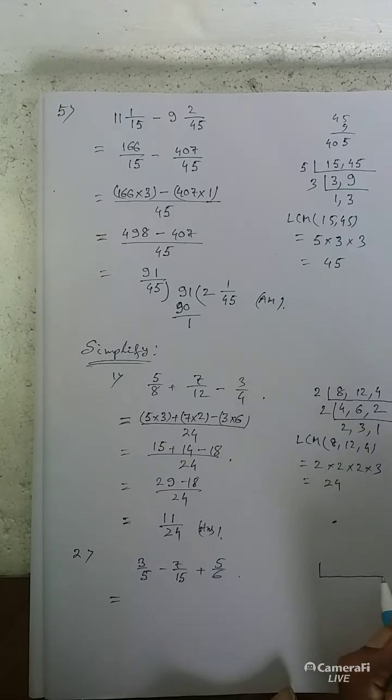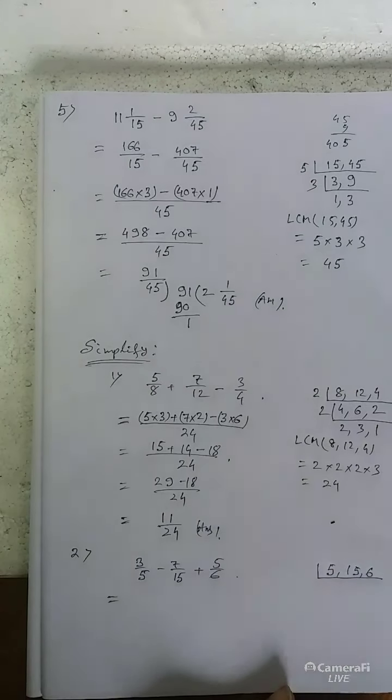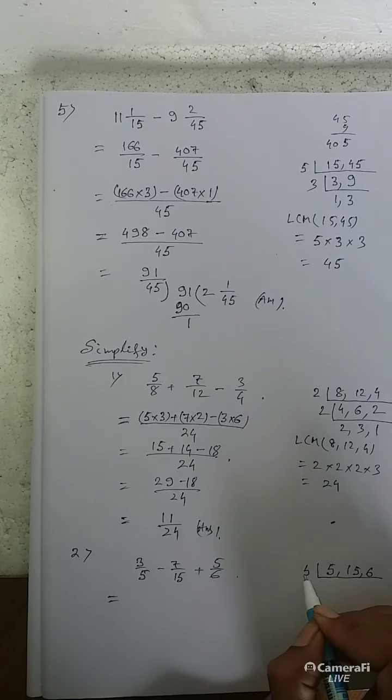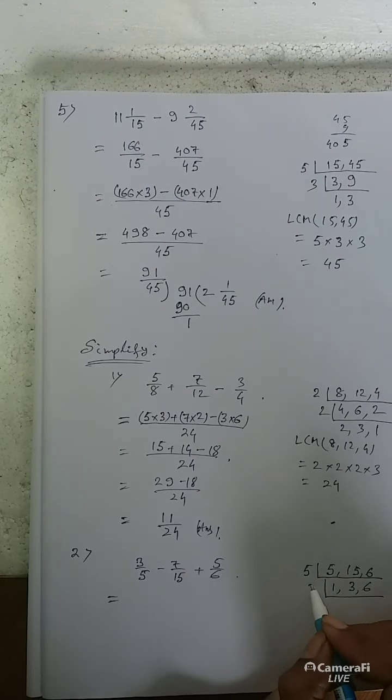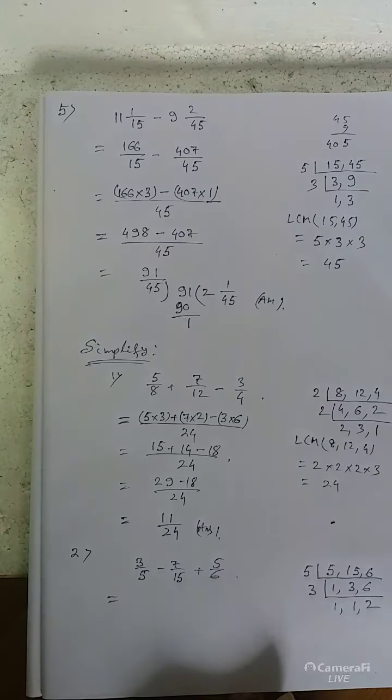5, 15 and 6. 5 can divide 5 and 15: 5 1 is 5, 5 3s are 15, 6 remains 6. Now 3 can divide each of 3 and 6: 1 remains 1, 3 1 is 3, 3 2s are 6.